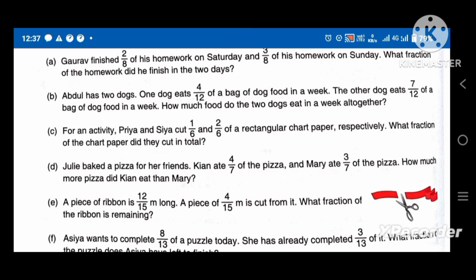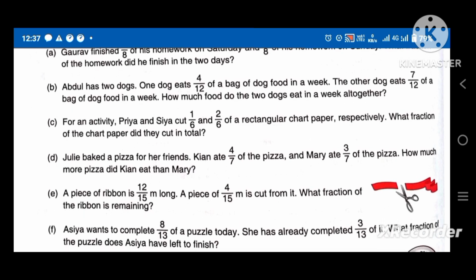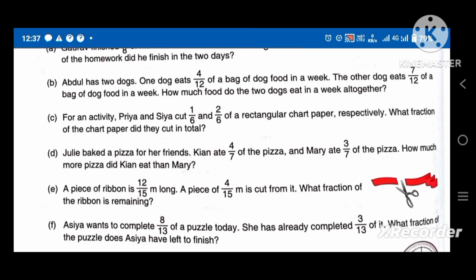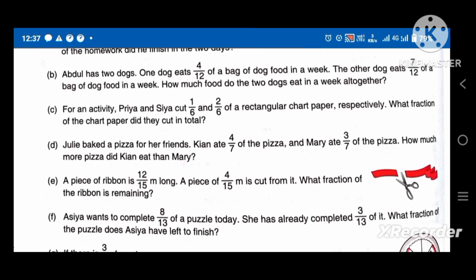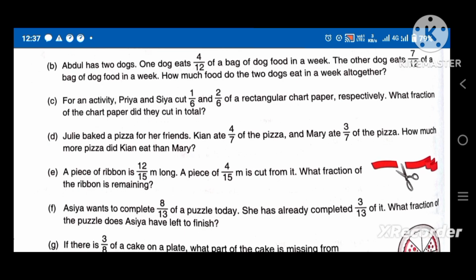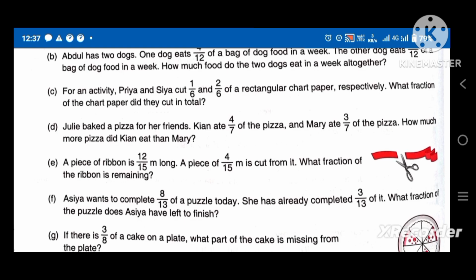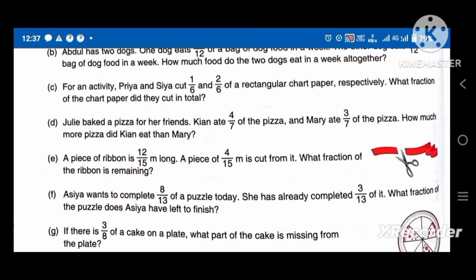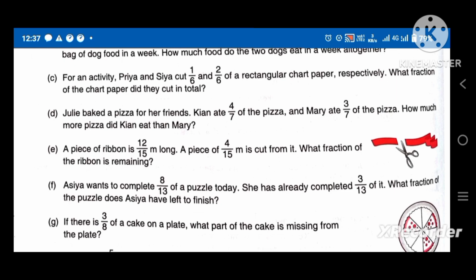C. For an activity, Priya and Sia cut 1/6 and 2/6 of a rectangular chart paper respectively. What fraction of the chart paper did they cut in total? D. Julie baked a pizza for her friends. Kiran ate 4/7 of the pizza and Mary ate 3/7 of the pizza.